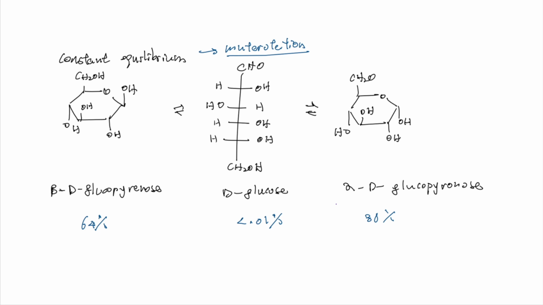And then here's a problem for you guys. There are alpha D glucose and beta D glucose. We can see that the ratio is not exactly the same. So you guys can go ahead and try to explain why the beta D glucose is 64 and that one is 38.